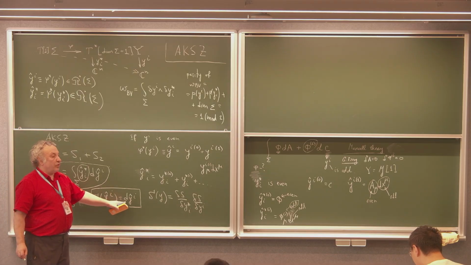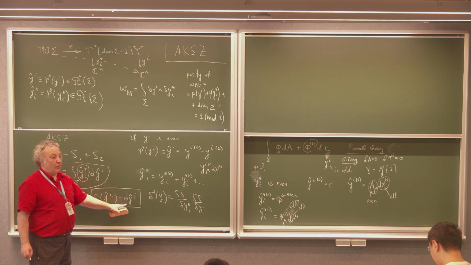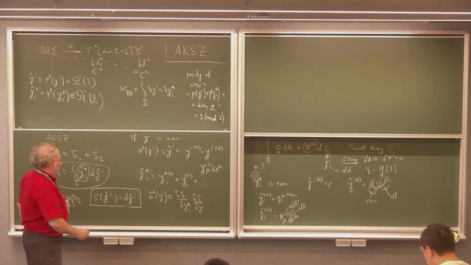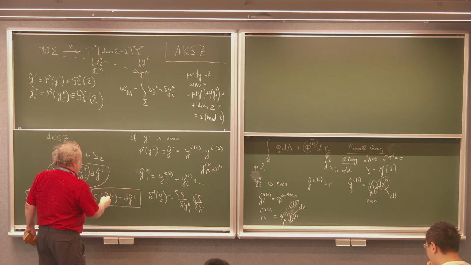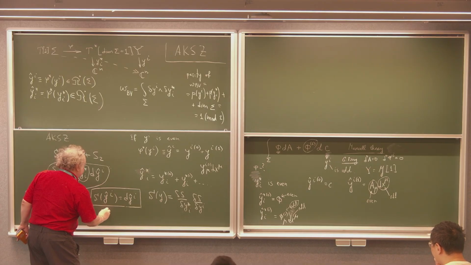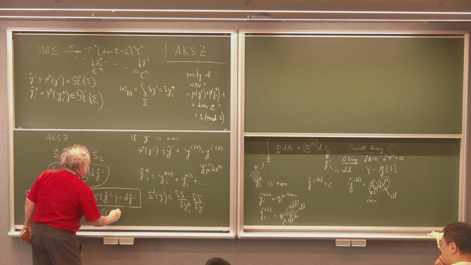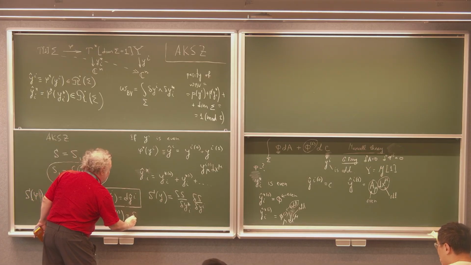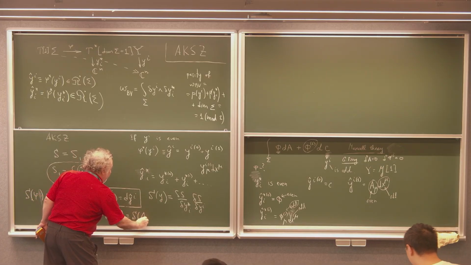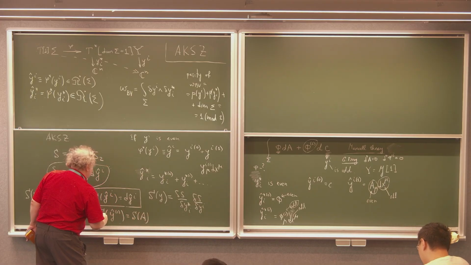Now, do I know this formula? Of course, I know this formula, because this formula says that f of y, let me take the first component, that is S of a, it's a symmetry.